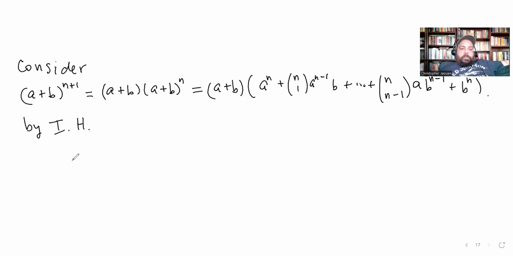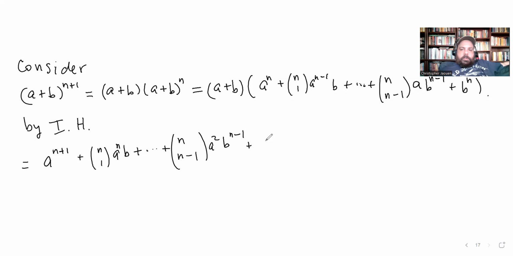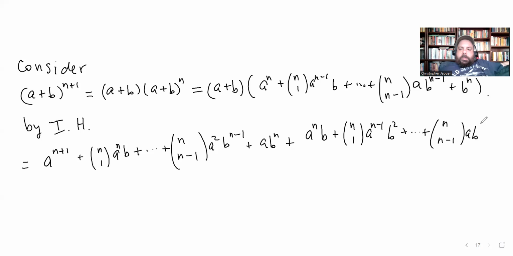And then we can distribute the a plus b using the distributive law, which is equal to a to the n plus 1, plus n choose 1 a to the n b, plus dot dot dot, plus n choose n minus 1 a squared b to the n minus 1, plus a b to the n, plus a to the n b, plus n choose 1 a to the n minus 1 b squared, plus dot dot dot, plus n choose n minus 1 a b to the n.